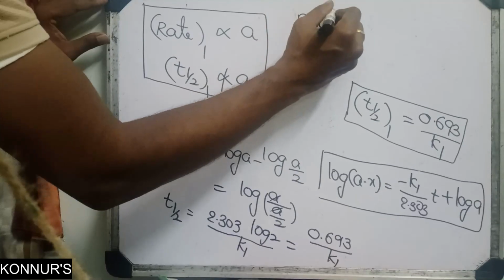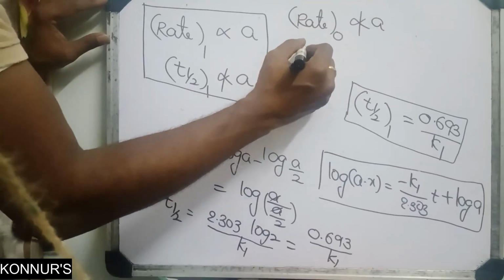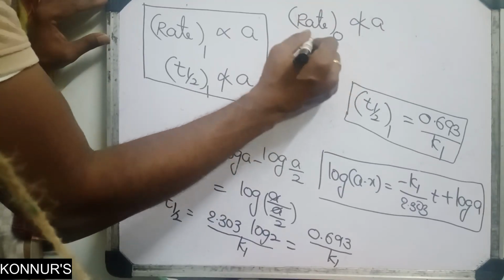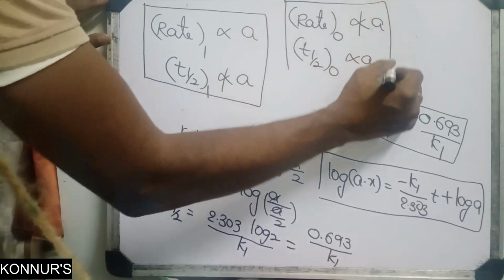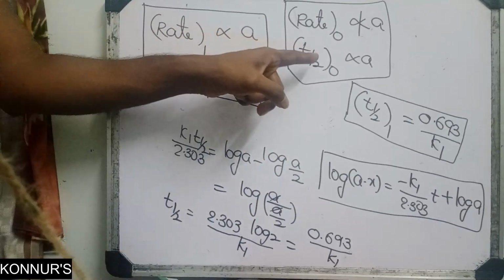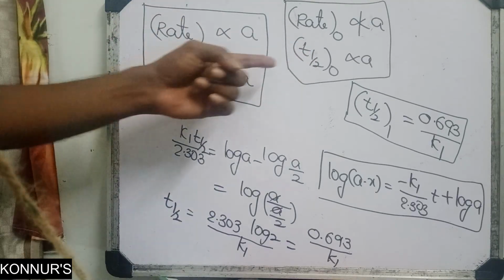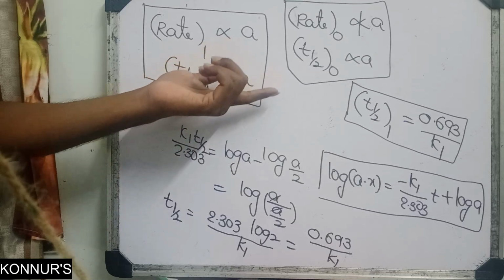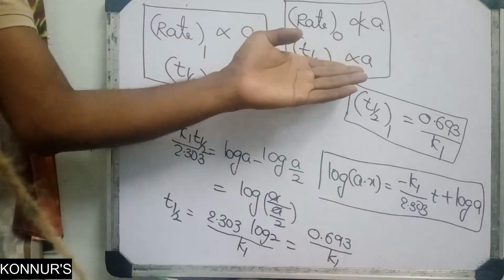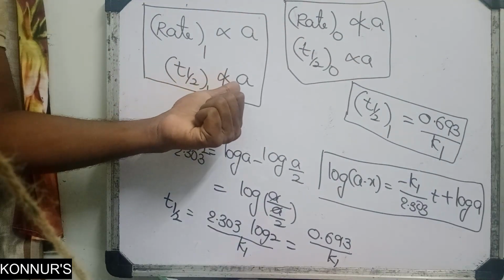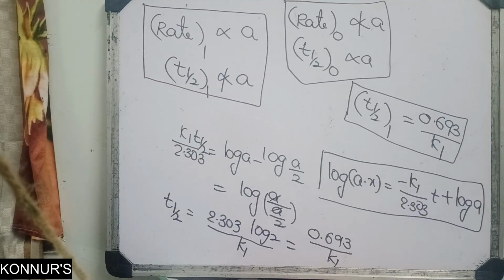The rate of zero order is not depending on a. But t half of zero order is directly proportional to a. So exact opposite, zero order and first order. You must concentrate. In the problem, they will ask this only: which of the following orders has t half directly proportional to initial concentration, or not directly proportional.